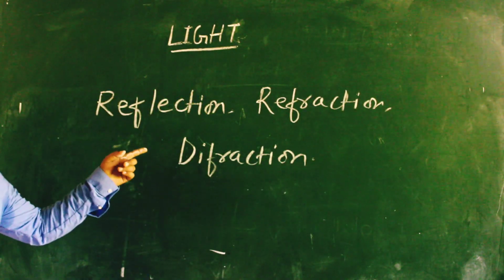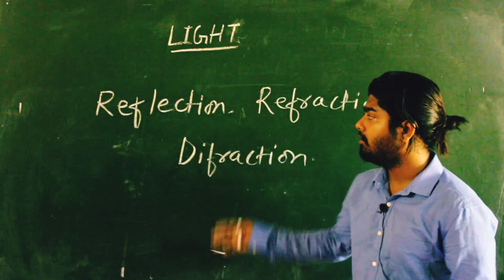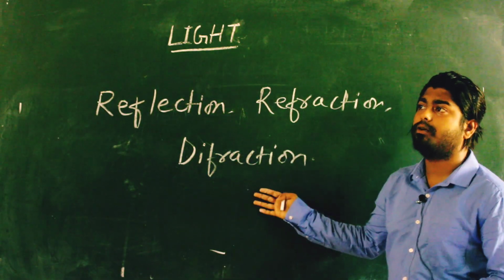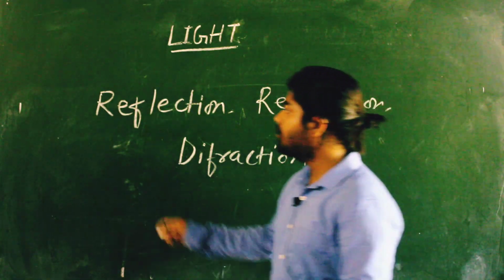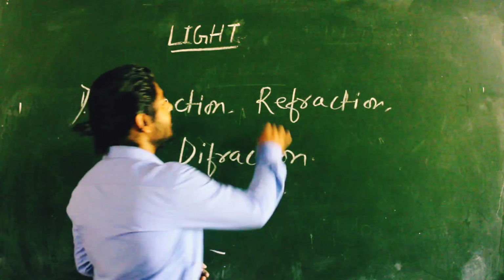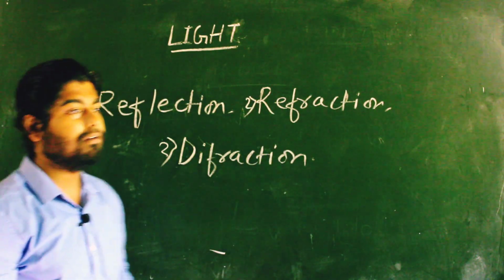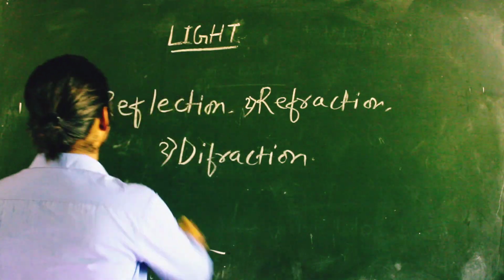These three topics will be enough for class 10, and we will only study these three topics for class 10 CBSE rules. So first is reflection, second is refraction, third is diffraction. We will begin with the first one, reflection.